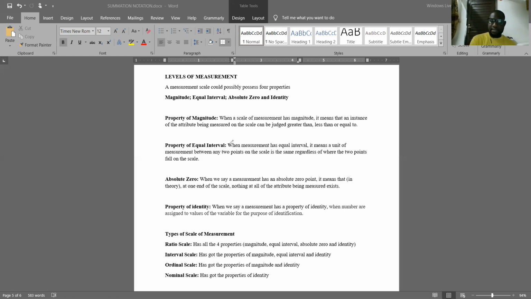With nominal, it is basically about categorizing our variables. For instance, length has the property of identity, because 1 centimeter, 2 centimeters, 3 centimeters. As a researcher, I can use my discretion and say, whenever I see a length of 1 and 2, I'll classify them as 1, using number 1 for it.